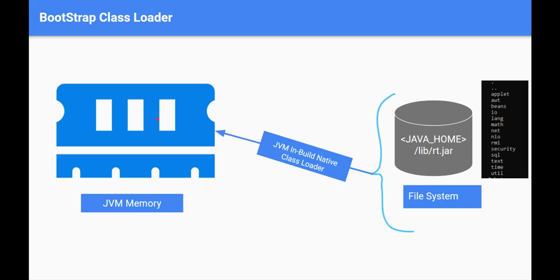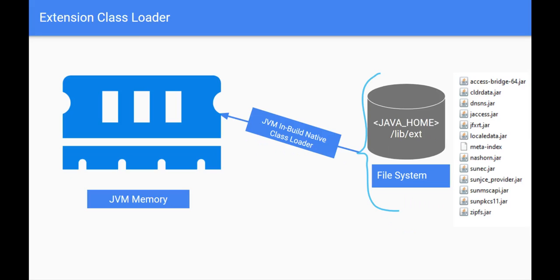What the extension class loader does, we will see in the next slide. Okay, so go to the next slide. Here you can see this is the extension class loader. It does the same things, but it searches all files which reside in the extension directory. Those are actually the helper classes.